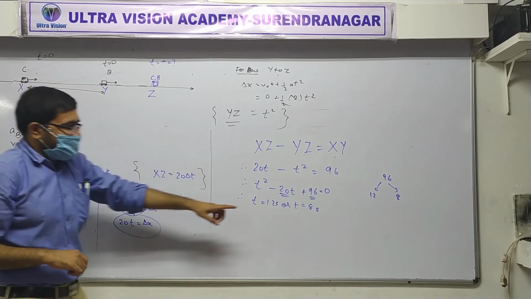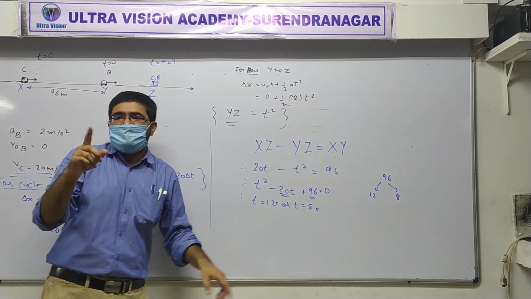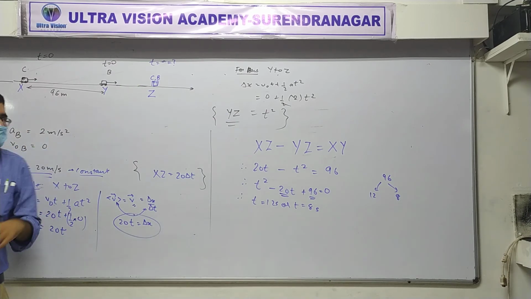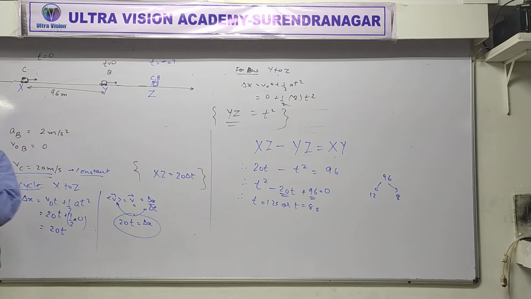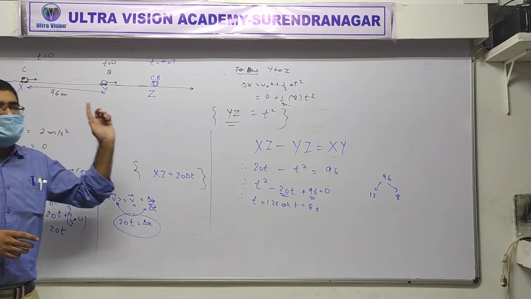Think about it. At 8 seconds, what will be the speed of the bus? Acceleration 2, time interval 8 seconds. At 8 seconds, what will be the speed of the bus? 16 meters per second. Yes or no? So who is faster than who? The cycle is faster than the bus. So who will overtake who? The cycle will overtake the bus.